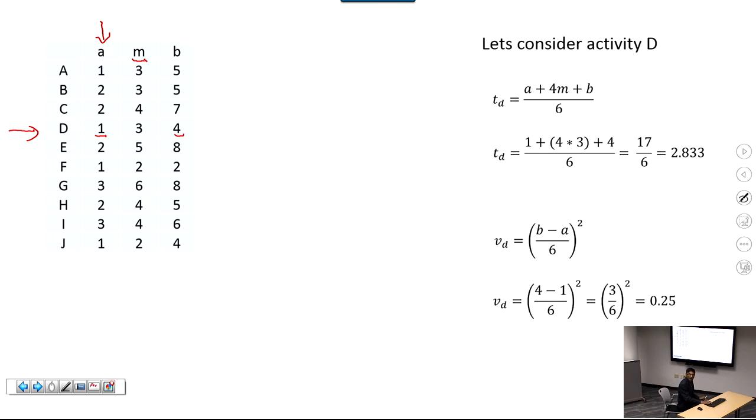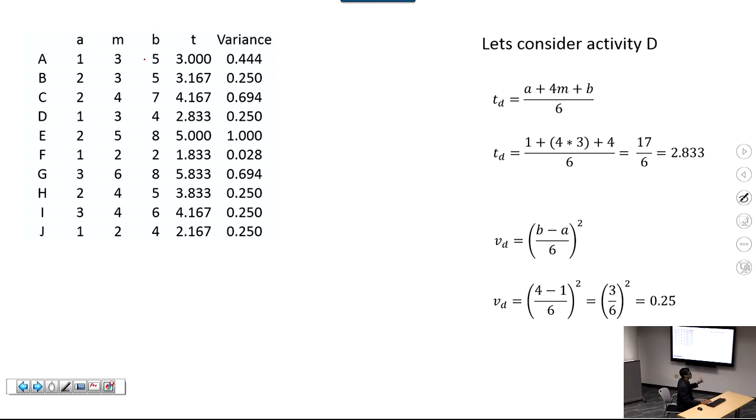I'm going to do the same calculations for all the activities in the table, and I will show you the table with the expected time and variance.